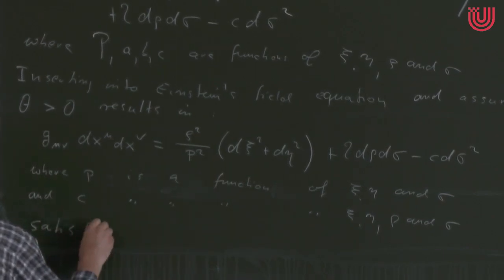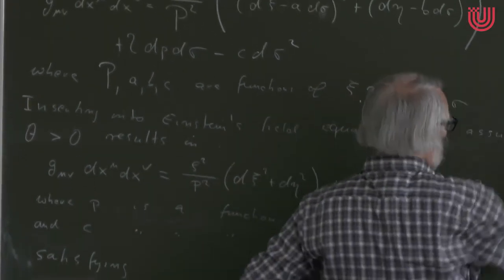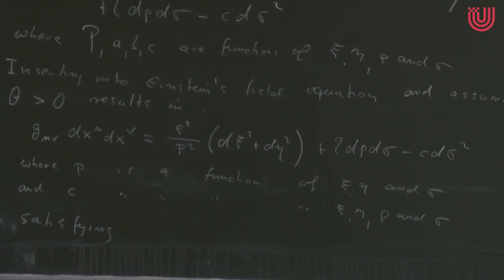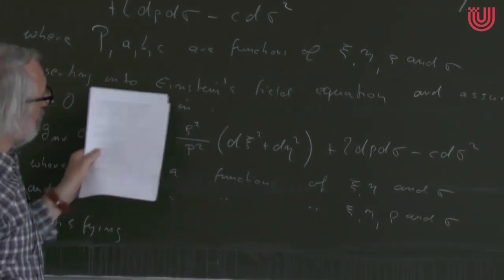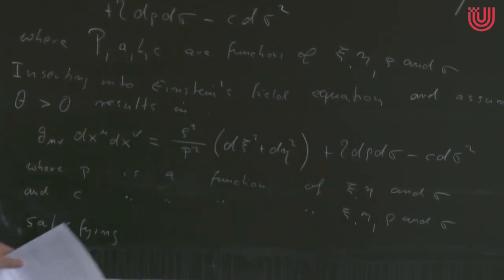So now I write the differential equations. They actually have a rather funny structure. Einstein's field equation is a second order differential equation, right? So you expect second order differential equations for these coefficients. That's what you get.